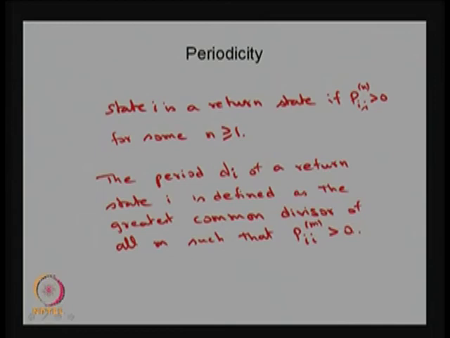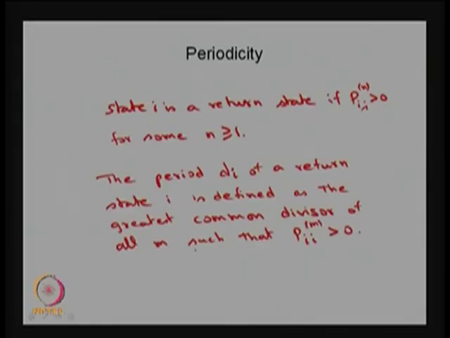So, the period of a return state is going to be an integer, and that integer is computed by using the greatest common divisor of all the possible m such that p_ii(m) should be greater than 0. That means you find out how many steps you will take to come to the same state if you start from the state i.